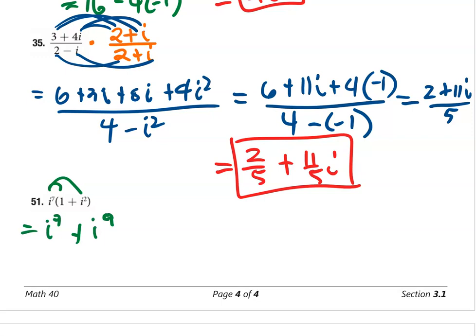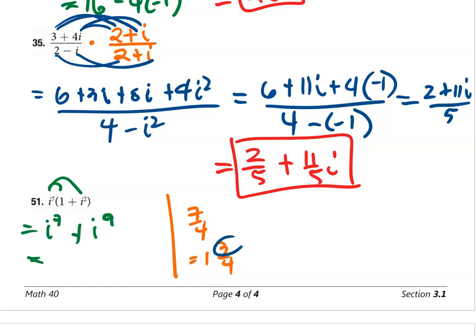And what do we know about i to the 7th? If you divide 7 by 4, it is 1 and 3/4, so the remainder is 3.